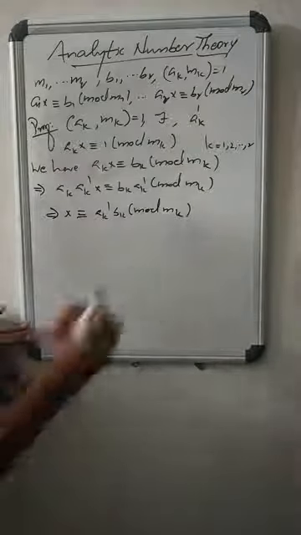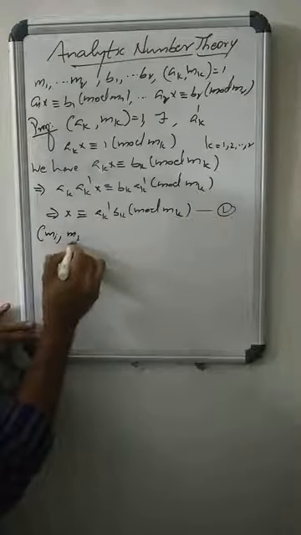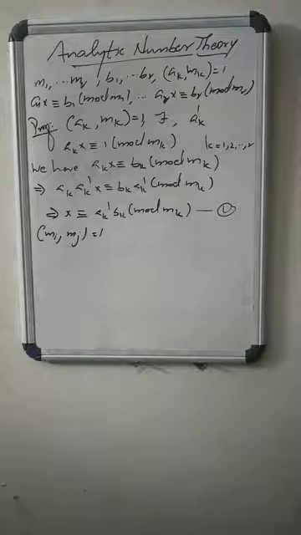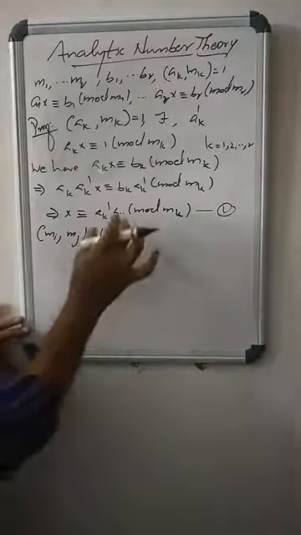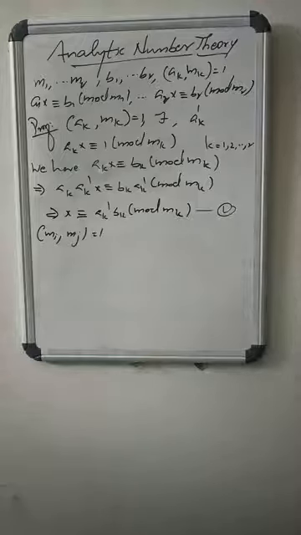Mark this equation 1. But mi and mj are relatively prime in pairs. Therefore this system x ≡ ak' bk mod mk, where k ranges from 1 to r, has a unique solution modulo m1 etc. mr. Why? Because of the Chinese remainder theorem.